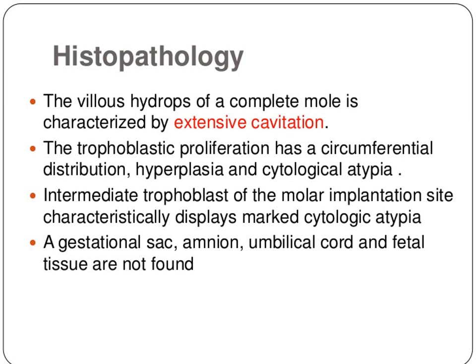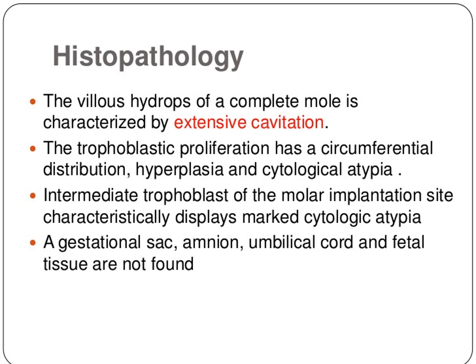Histopathological features of a complete mole are extensive cavitation and cystic space formation. The villi are swollen and dilated, and as we discussed, they are surrounded by a layer of syncytial trophoblast and cytotrophoblast. So the trophoblastic proliferation is circumferential.